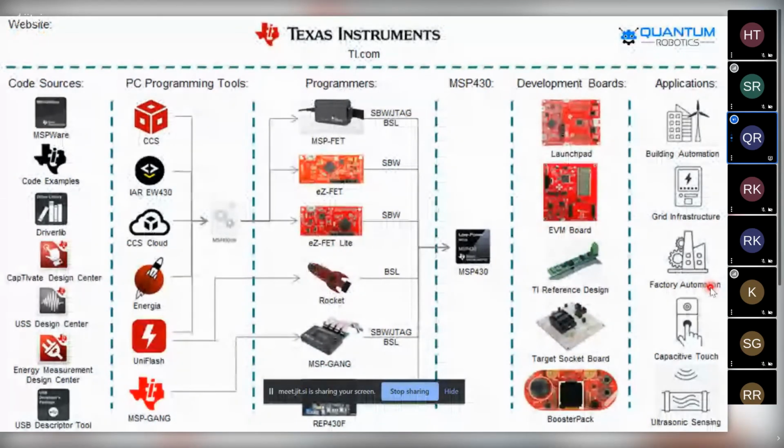Here you can see the code sources and PC programmable tools and programmers, how the MSP 430 processor is, the processor development boards and applications, what real-time applications we use, and the different categories of the MSP 430, and how we can define whether this is an MSP 430 model or an MSP 430 processor.